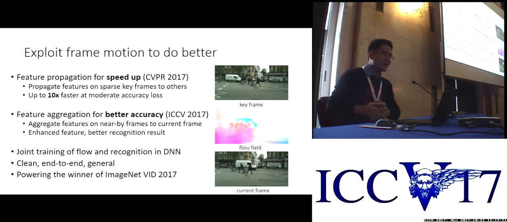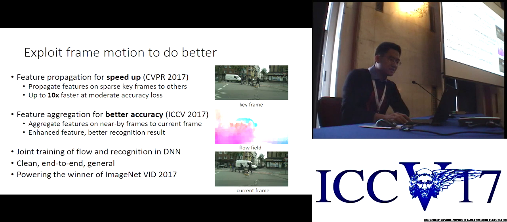It is widely recognized that image content varies slowly over video frames. Such data redundancy and continuity can be modeled by motion, or to say, by optical flow. Here we developed flow-based video recognition methods.